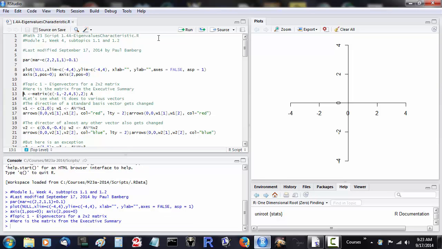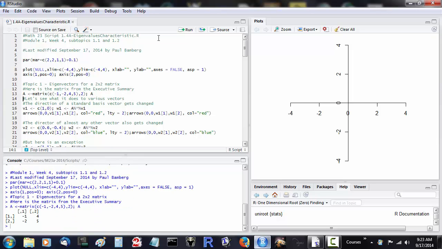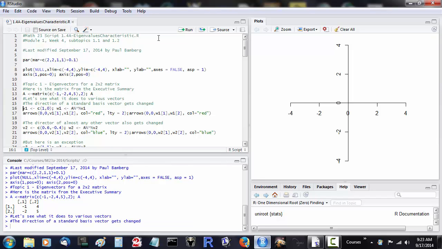Let's start out with the matrix A that also appears in the executive summary and try to visualize what it does to various vectors. This is tricky to do with pencil and paper, but easy to do in R. So let's try with V1, the first standard basis vector, and apply A to it to calculate W1.